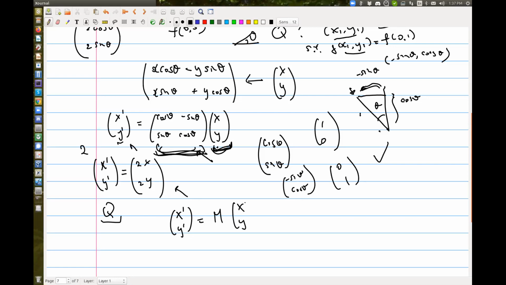So what will be m here? What will be the m such that m multiplied by x, y is equal to 2x, 2y?